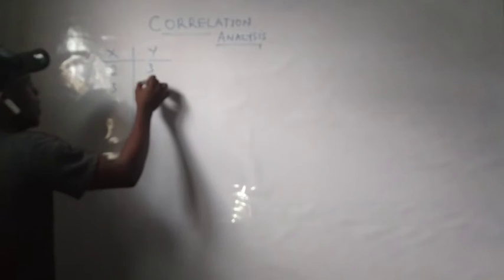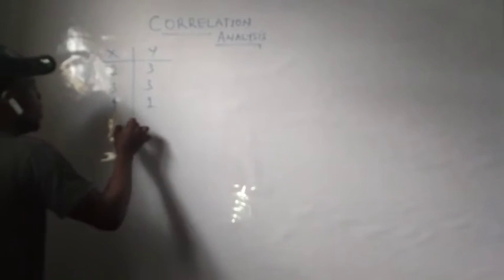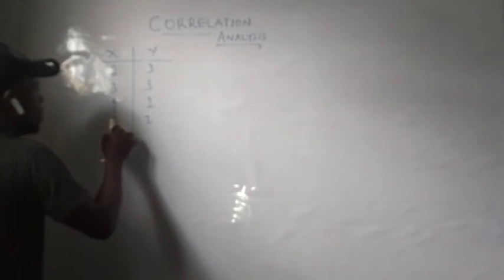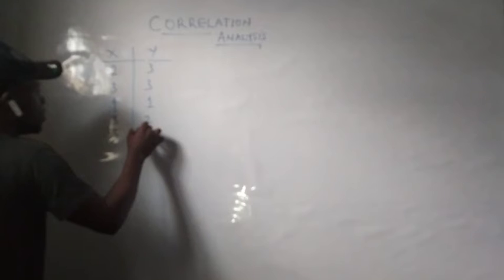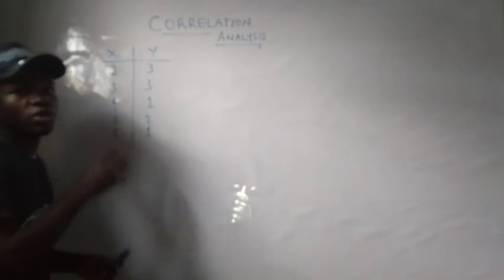Here is 3. It's 3. Here is 4. Here is 1. Here is 3. Here is, let's say, 2. Here is 5, and perhaps here is 1. Let's try to see if we can detect the relationship between these two.